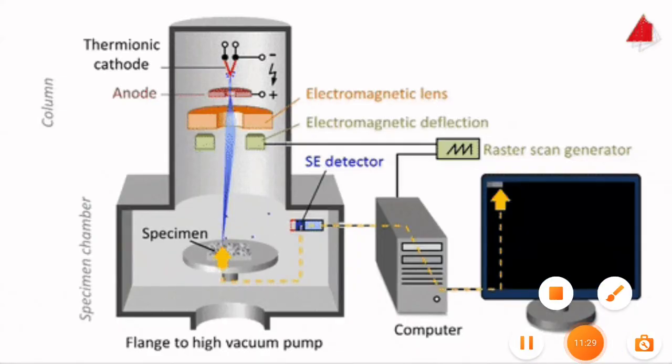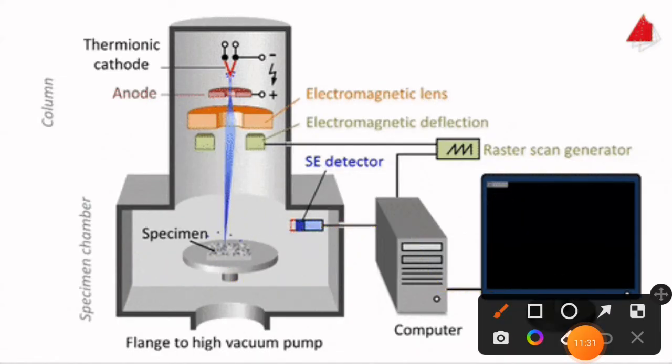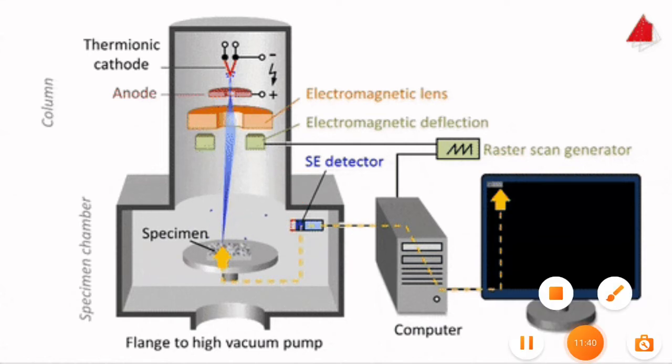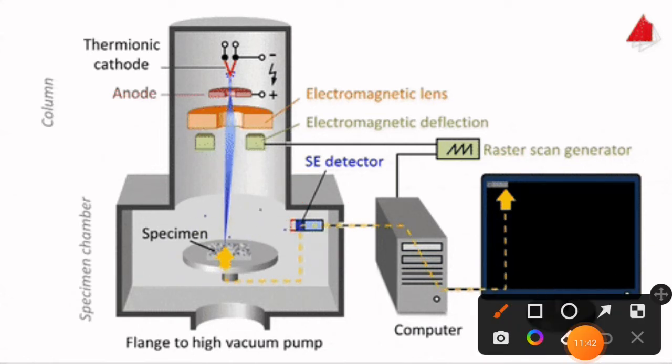So as you can see, there is an SE detector. SE detector means secondary electron detector, which will detect the secondary electrons. Another important thing to observe is that in the SE detector there is a red marked portion which is known as a positively charged grid.